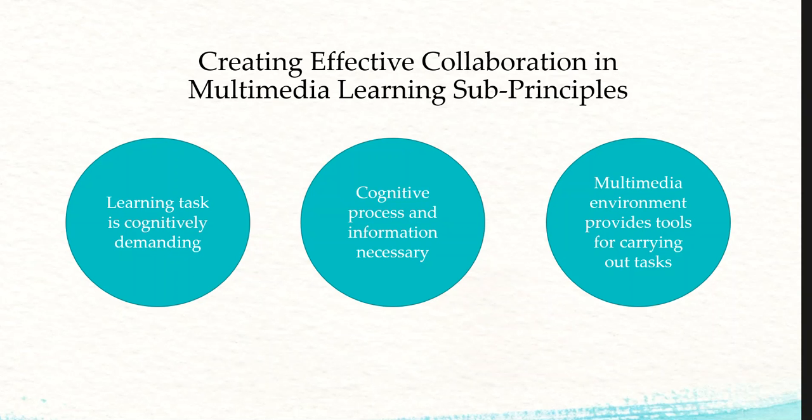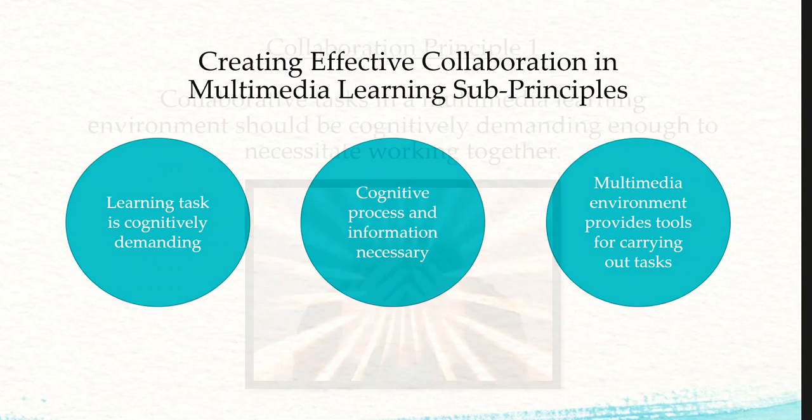And the third principle we're focused on is that the multimedia environment provides those necessary tools for effective and efficient communication about the task content, as well as coordination and regulation of those processes involved to help carry out those tasks in order to minimize those transactional activities.